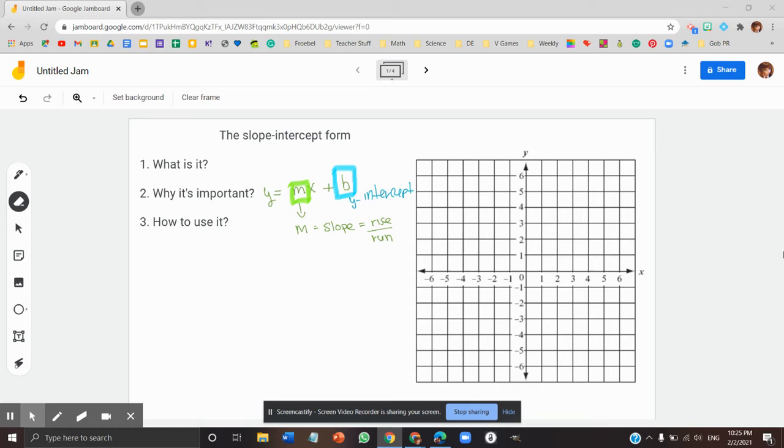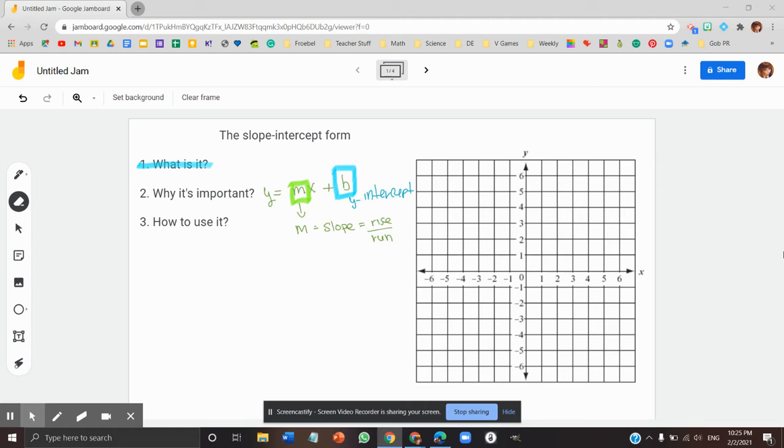So again, what is it? We already talked about that. Now, why is this important? Well, this is important for many reasons. The first one is one of the bases of algebraic information or algebraic expressions. It is our linear equation.